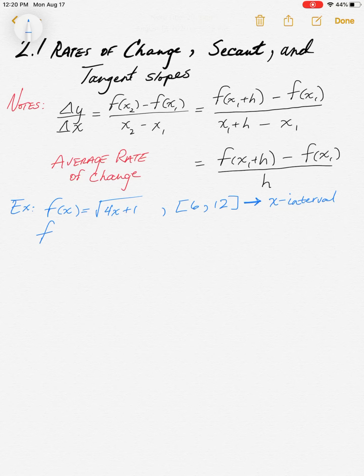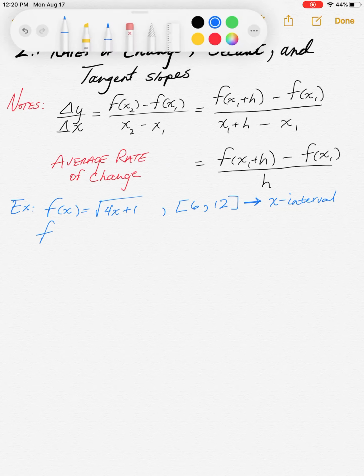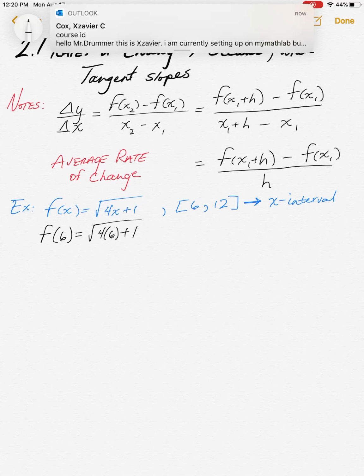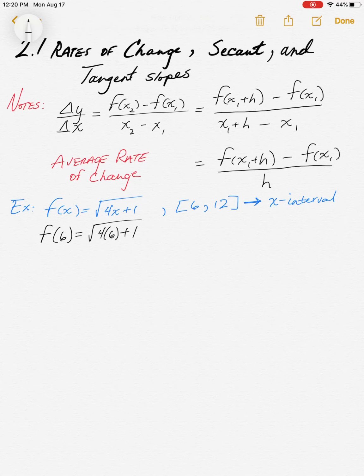So I don't want to use the same color here, so allow me to change this over to black while I'm working out this example. Finding the y values, I'm going to input the x values. We have the square root of 4 times 6 plus 1, that's equal to the square root of 25, which equals 5.